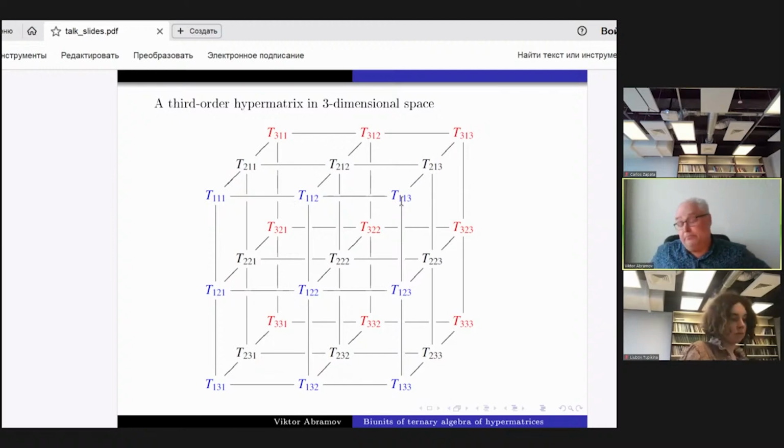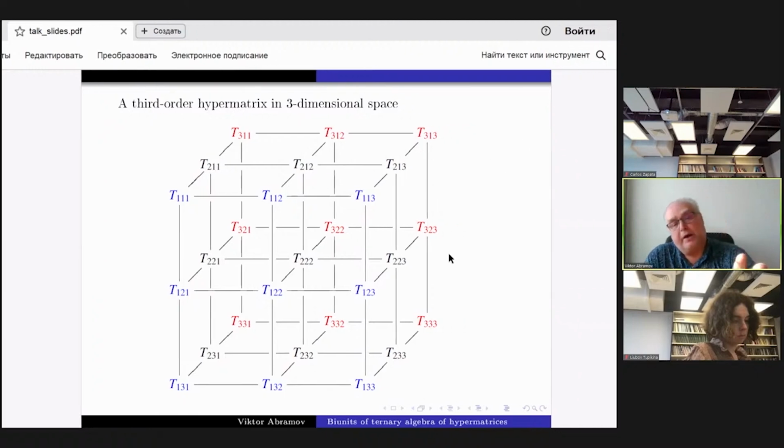And actually I can cut this cube by planes which are perpendicular to the corresponding directions. If I cut by planes perpendicular to the I direction, I have these square matrices.